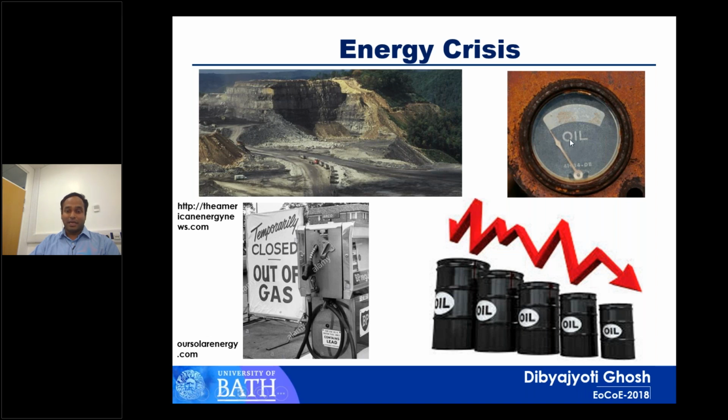And also you can have a crisis in oil and gas, and all these non-renewable sources can entirely finish their storage. So we really need to think of a different way of getting energy for our usage.